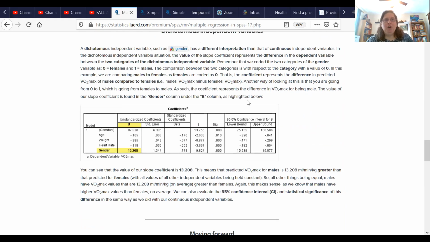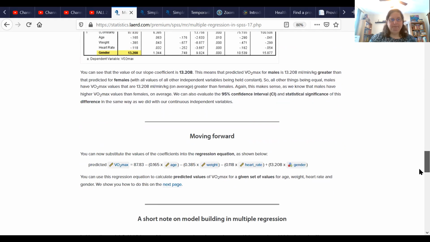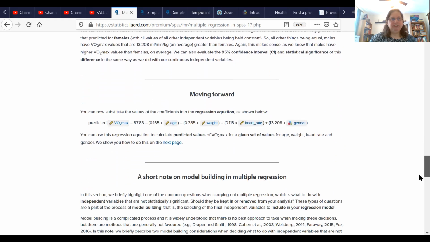So as you go from female to male, we get an increase in VO2 by 13.208. Or said another way, males are predicted to have a VO2 max of 13.208 higher than females. Okay.